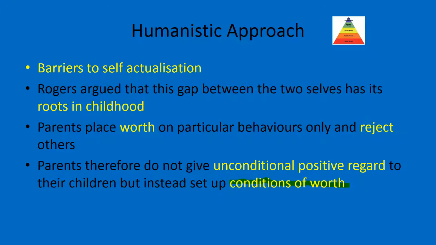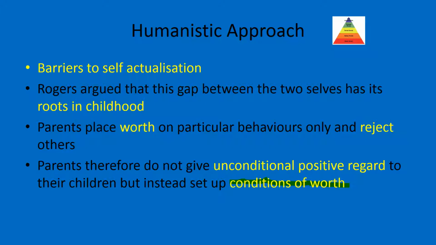Those other things that you might do which are unacceptable might be part of who you are. You know, that's your self-concept. As such, these conditions of worth are setting up the idea of the ideal self, and are also telling you just how far away you are from achieving it, so an incongruence.